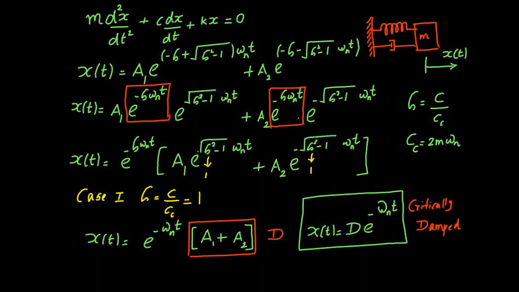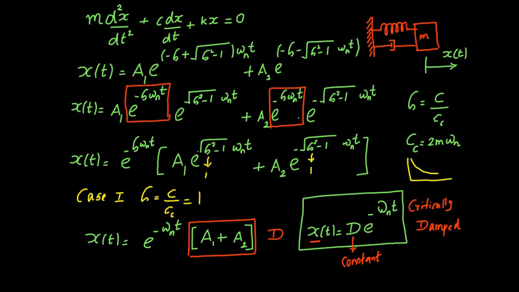And watch very carefully at this particular equation. x is the displacement of the mass as a function of time, and D is a constant. It's just a constant. And how do you think the amplitude is going to decay over the period of time? Well, the amplitude is going to exponentially decay over the period of time.